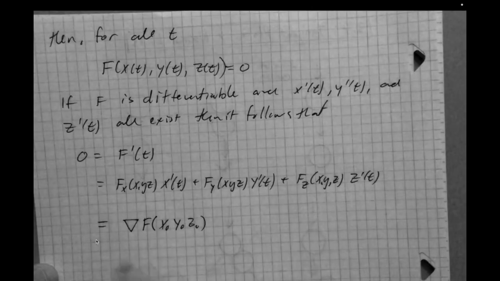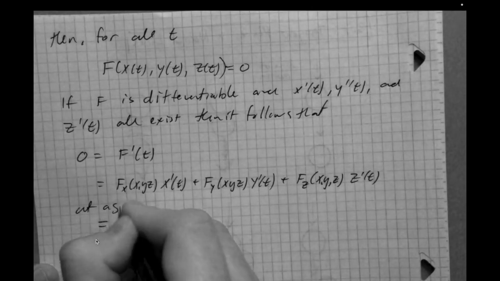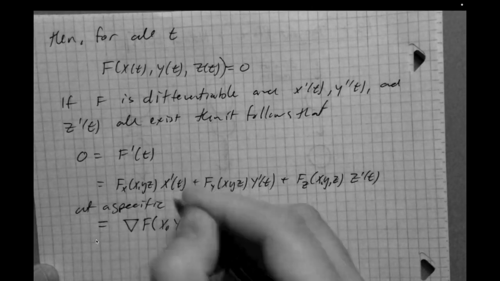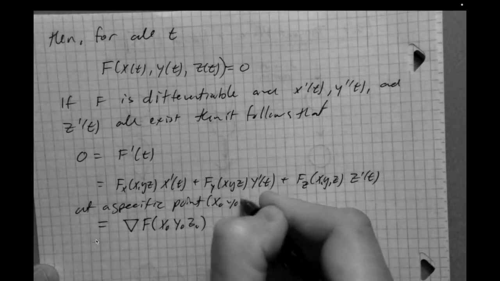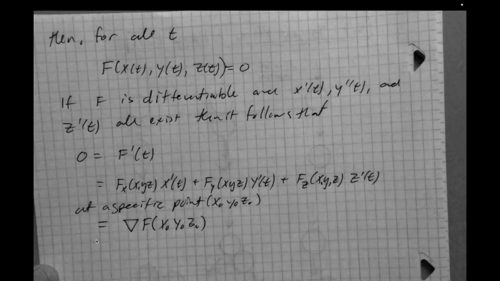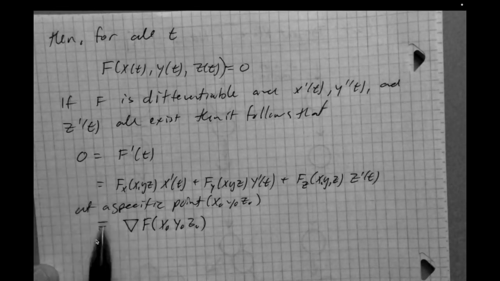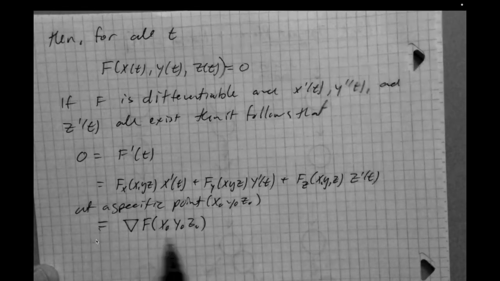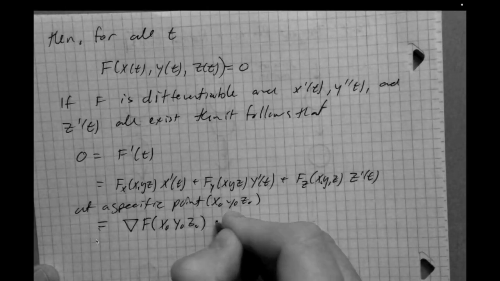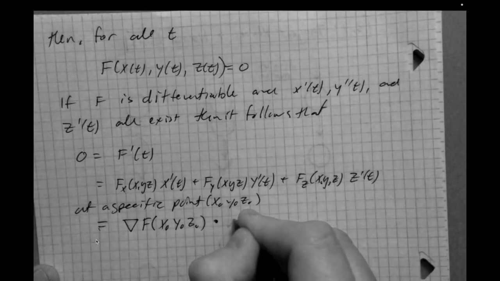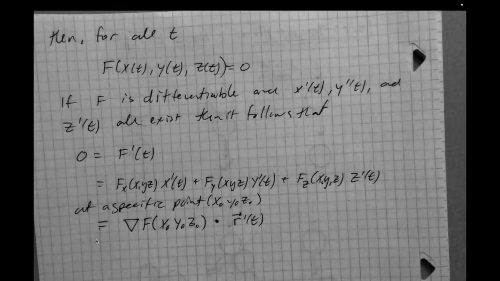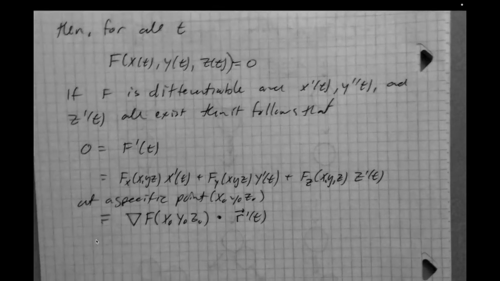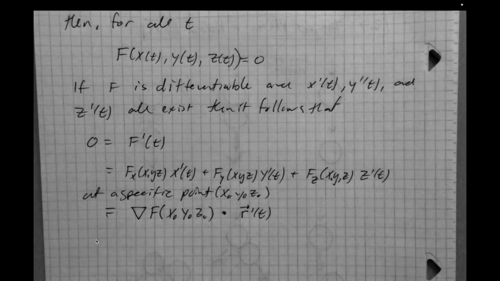And I'm at a specific point, so we're making that jump here too. At a specific point, x naught, y naught, z naught, this is all equal to the gradient dotted, the dot product, with the derivative of the r function, r being the function that defines the curve on the surface.